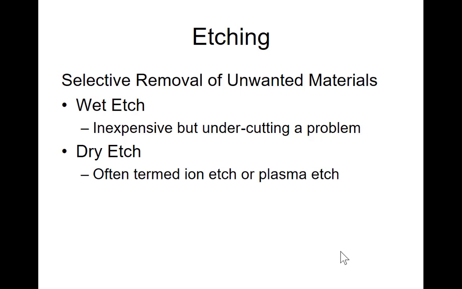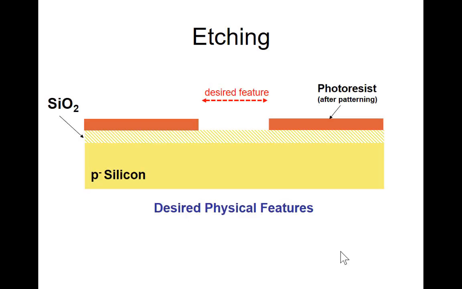So let's say this is silicon, and you have silicon dioxide here. You want to etch away this part and leave everything else there. So you put your photoresist layer on it. We talked about the photoresist layer before.